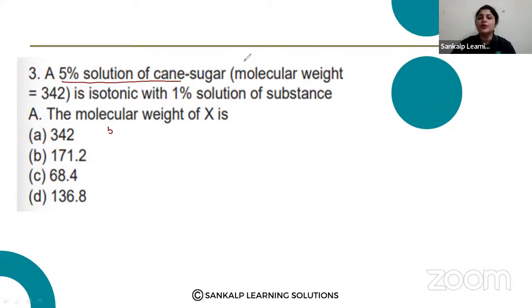So we are going to use the formula, and we have to find out the molecular weight of X. Now here they say that both the solutions are isotonic with each other. What do you mean by isotonic?